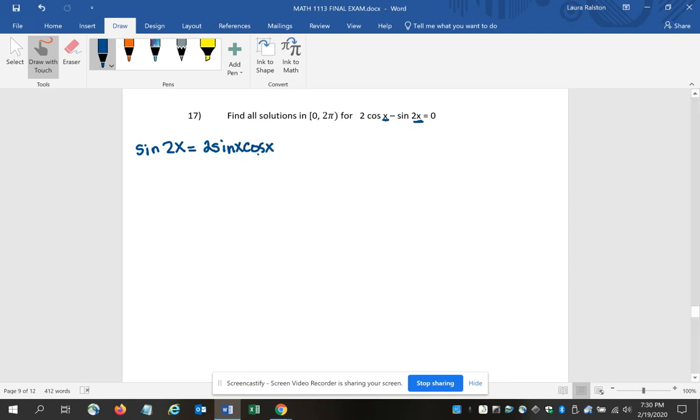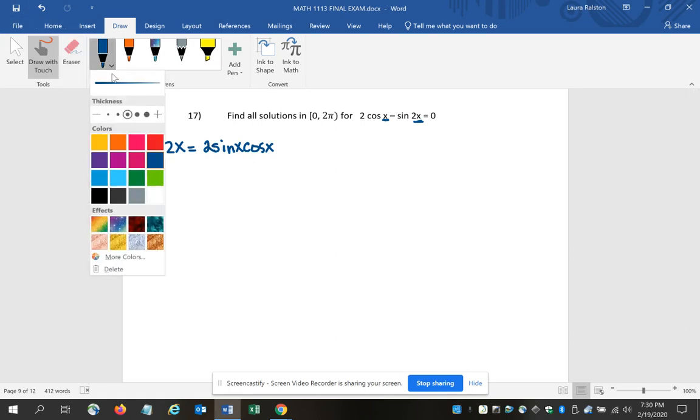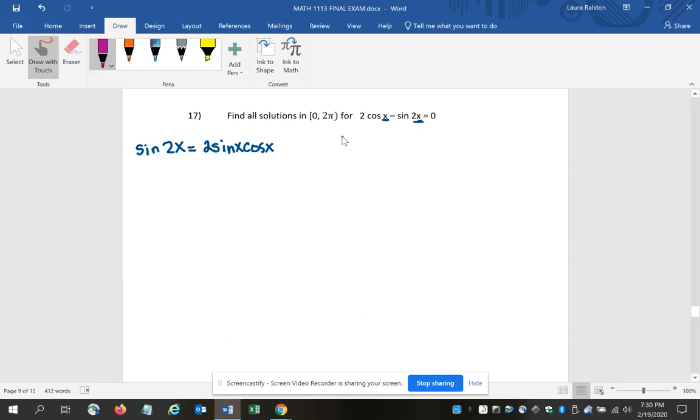So now everything would be in terms of x. So I'm going to use that identity and make a substitution here. So I'm going to have 2 cosine x minus, and I'm going to take out the sine of 2x and put in this identity so that I have 2 sine x cosine x, and that's equal to 0.